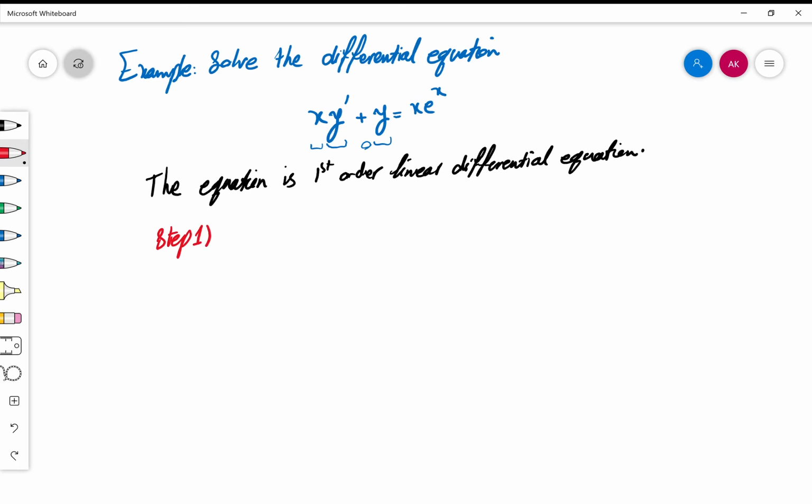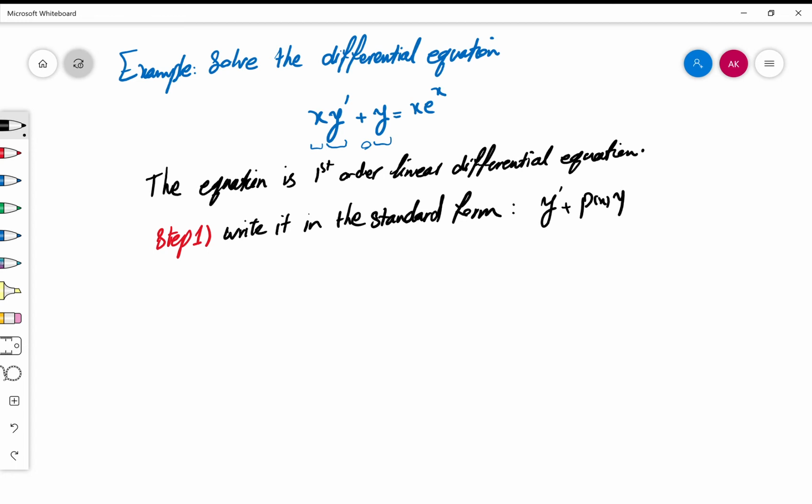First step is write it in the standard form. Remember, standard form is y prime with no coefficient, plus something in x times y, equals another function in x.